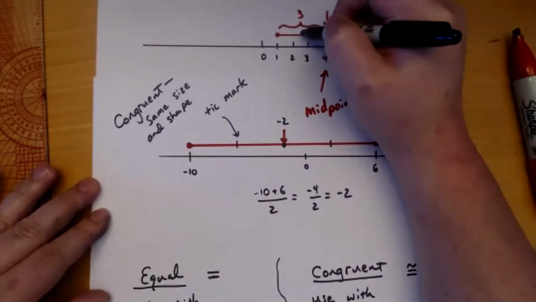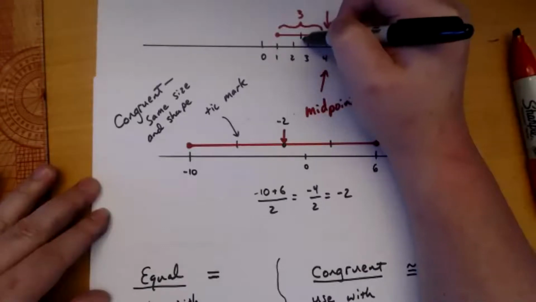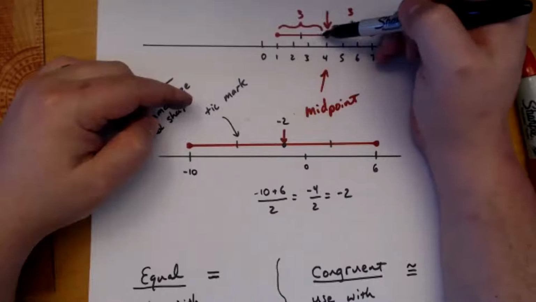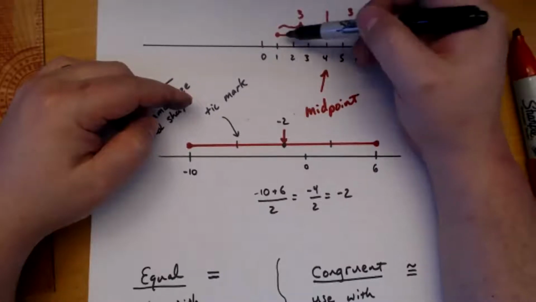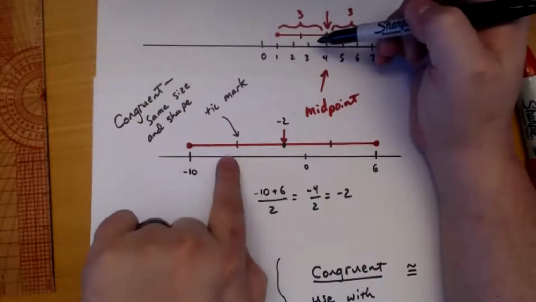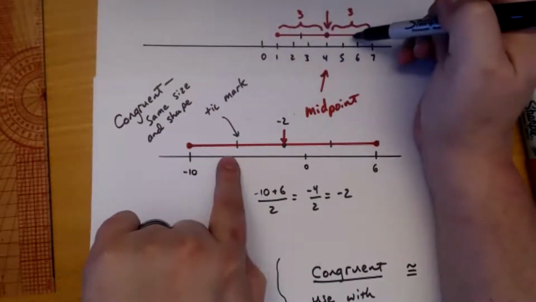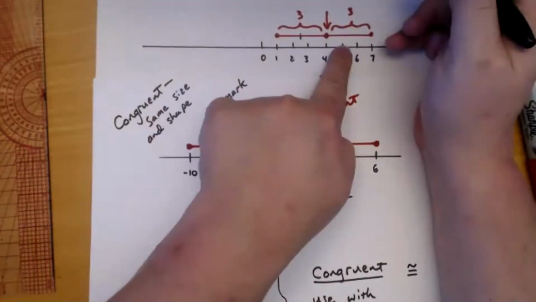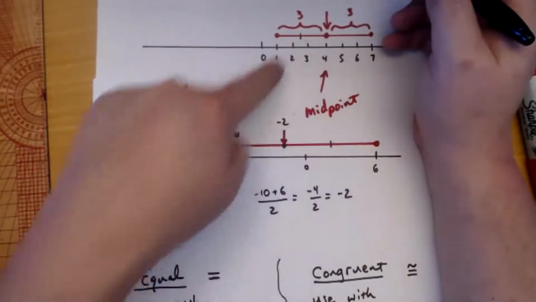But if I put a single tick mark on this, I would be wrong, because that would be me saying that this thing is the same as this thing, and they're not. This thing and this thing are the same, but this is not that.